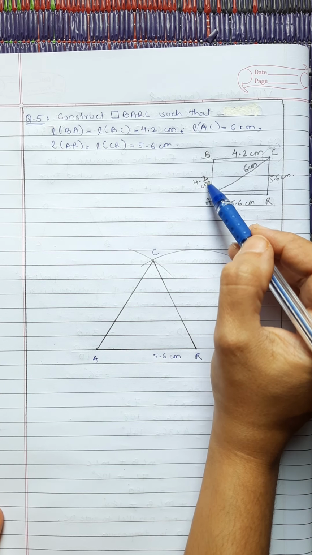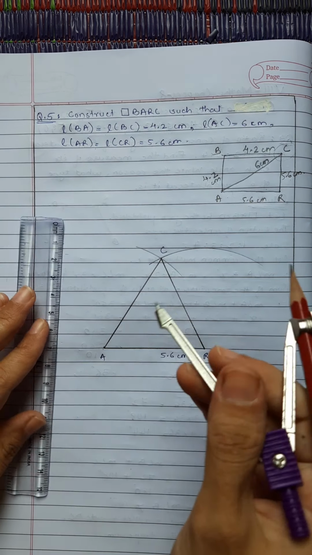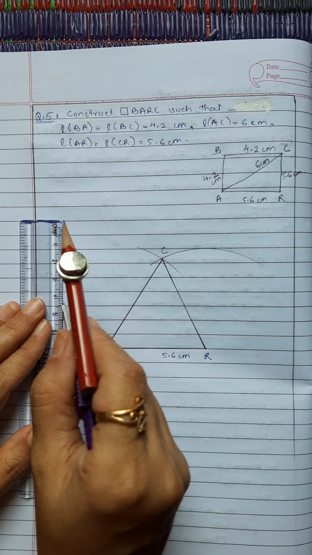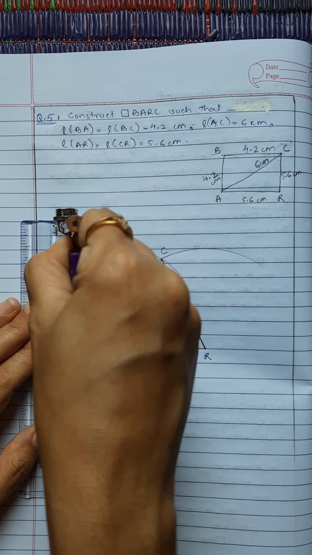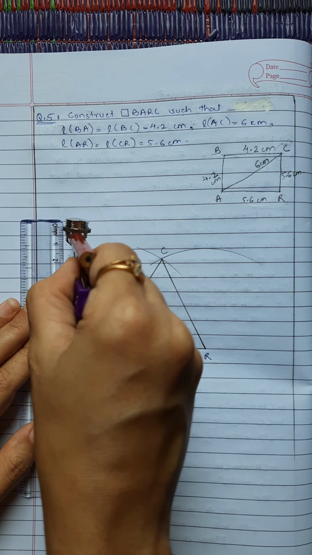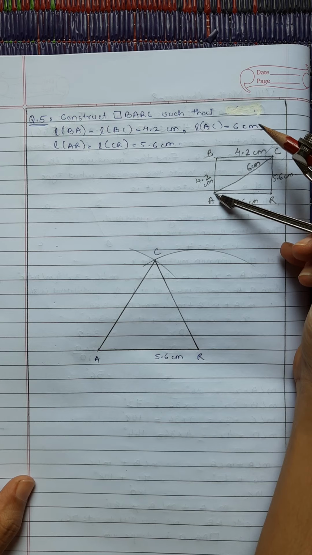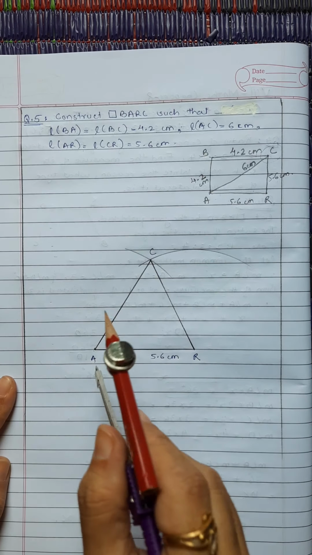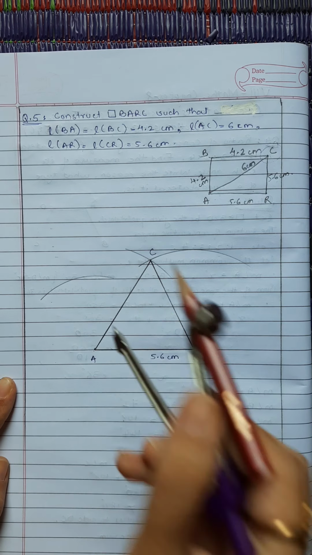It measures 4.2 centimeters. So again, taking a scale and compass, I'll go for 4.2 centimeters measurement in the compass. 4.2 measures from vertex A. So therefore, keeping on vertex A, I'll draw an arc.